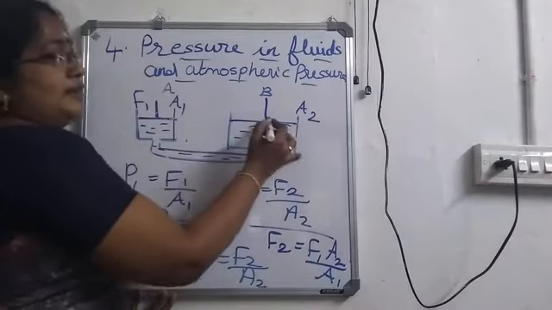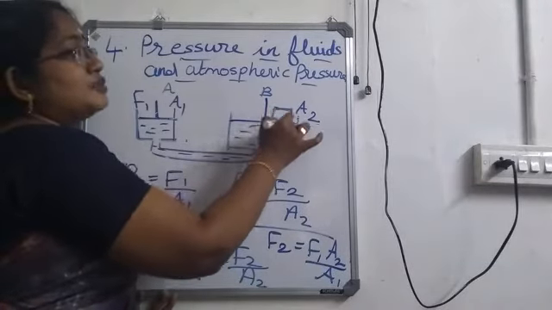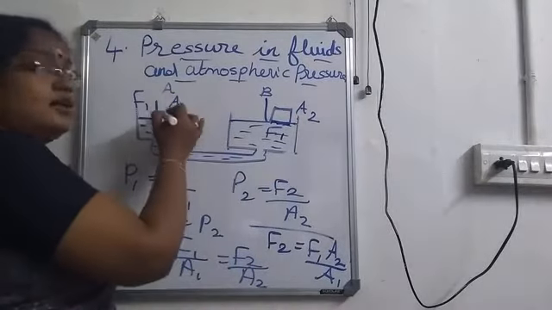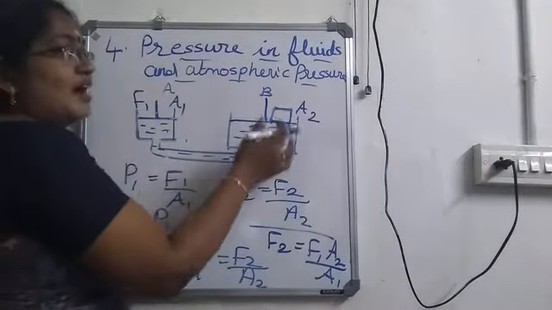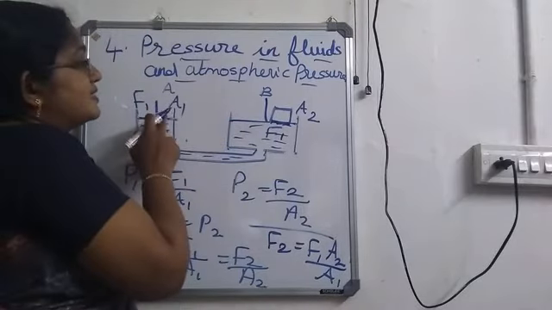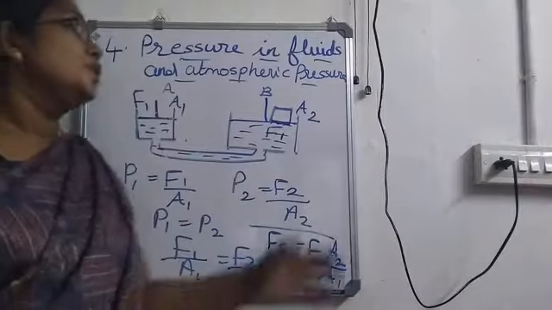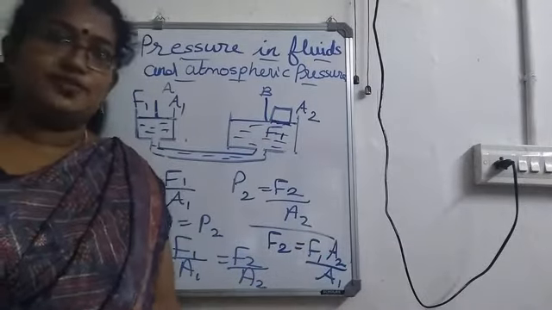Here, the car or the vehicle will be kept above the bigger cylinder. You will be applying a small force on the small cylinder. So this car or the vehicle gets raised because a small force exerted on the smaller cylinder can produce a larger force on the bigger one. Okay, so that is the working of a hydraulic jack.